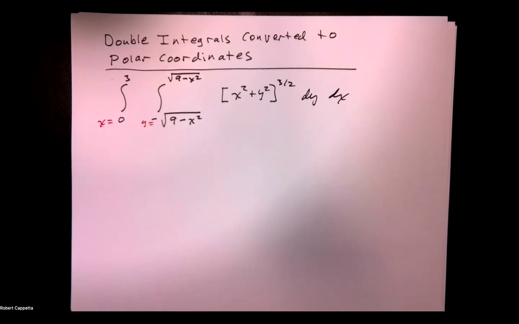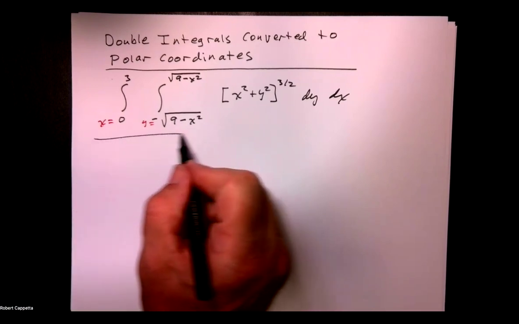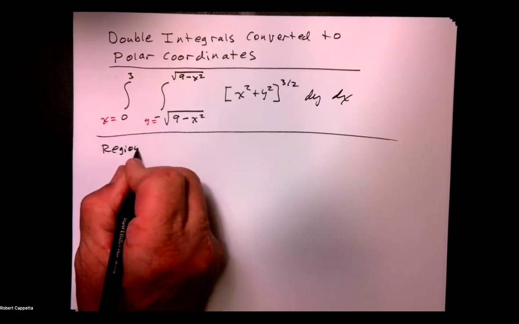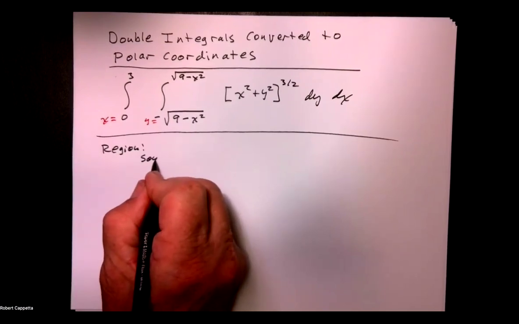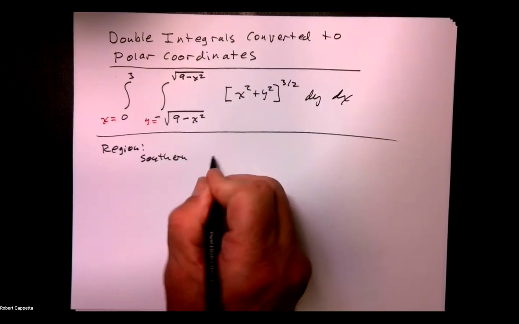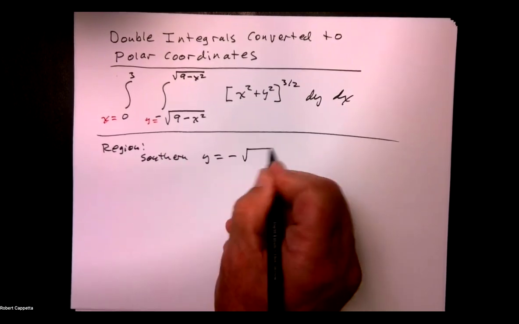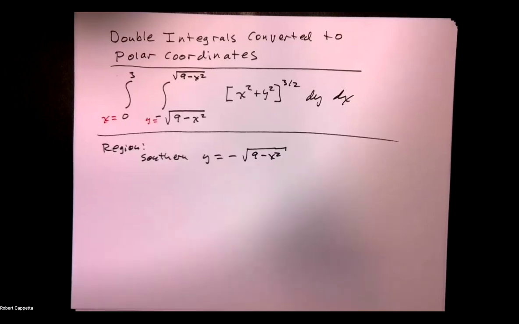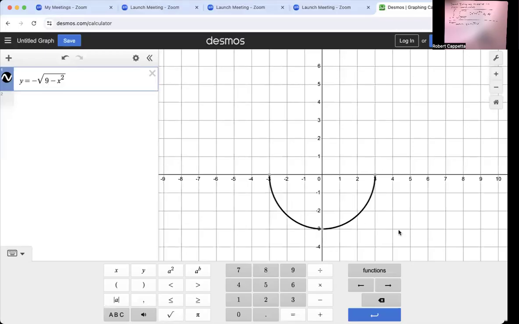So let's draw a picture of this region that we're interested in. So what is that region? The southern boundary is y equals negative root 9 minus x squared. So let's see that. So we get the lower half of that circle for the southern portion of this region.